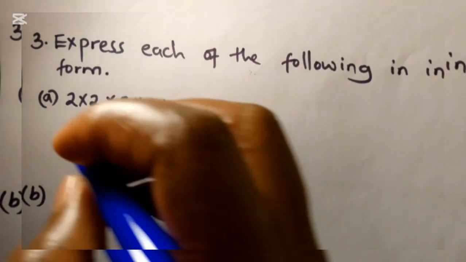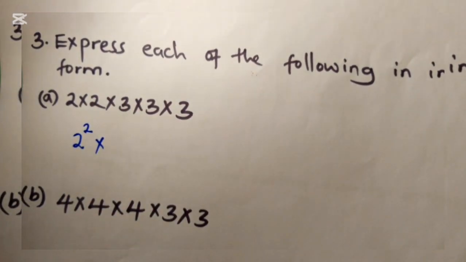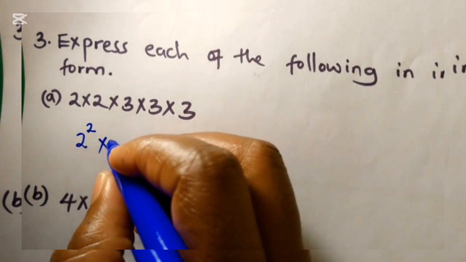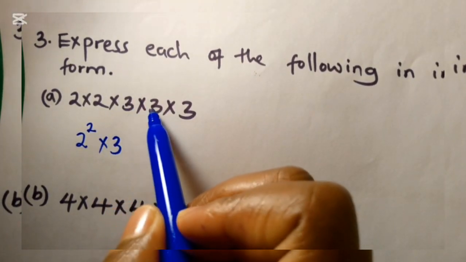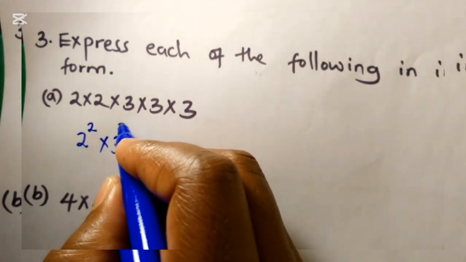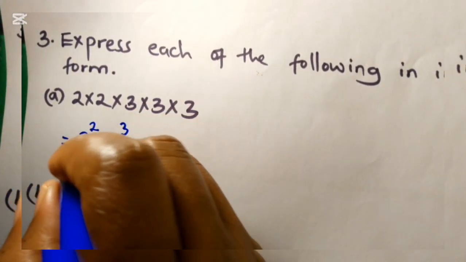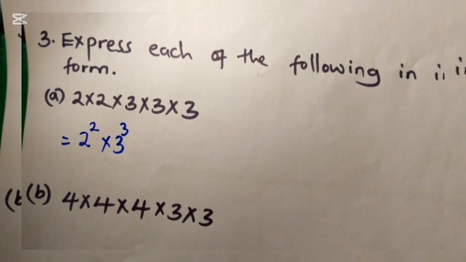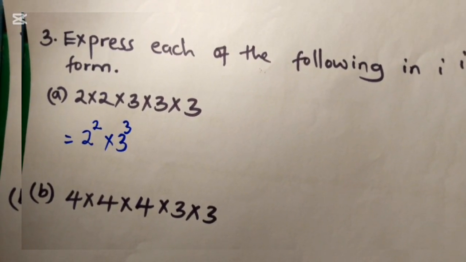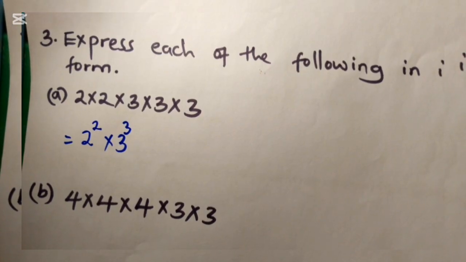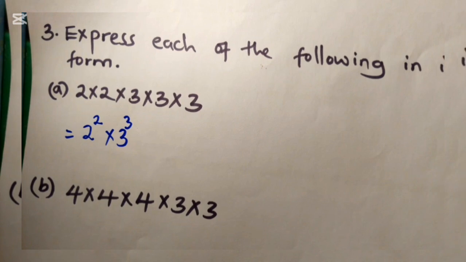So 2 power 2, then times 3. How many times is 3 being multiplied by itself? 1, 2, 3. So 3 power 3. That is it. There is no way we can combine those two because they have different bases. You can see the base is 2 and 3. They cannot be combined.